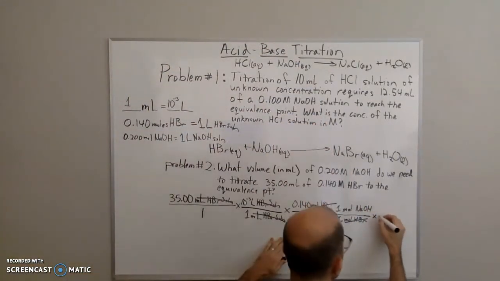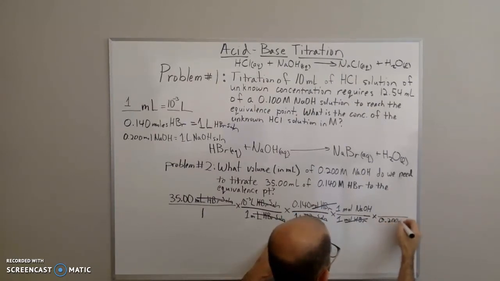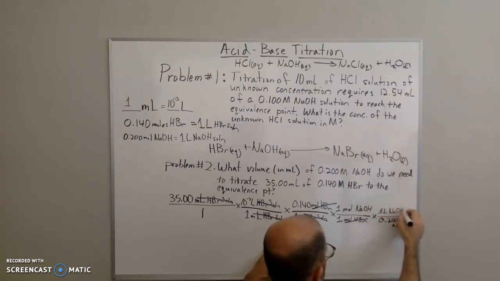I'm going to put 0.200 moles of NaOH on the bottom to cancel out, and then 1 liter of the NaOH solution on top.